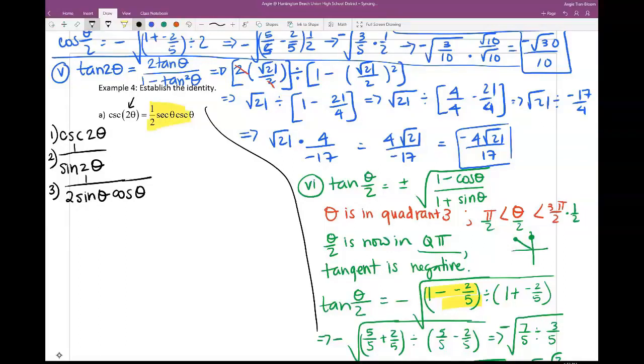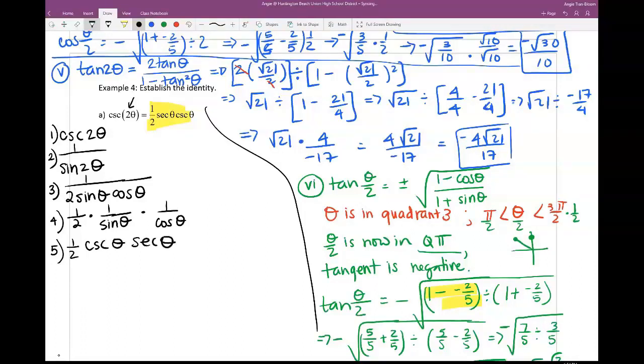Well, 1 divided by anything, I can break this up, is really 1 over 2 times 1 over sine of theta times 1 over cosine of theta, because when you multiply across, all the numerators are still 1. So, well, step 5, 1/2 is 1/2. 1 over sine is cosecant of theta, and 1 over cosine is secant of theta.